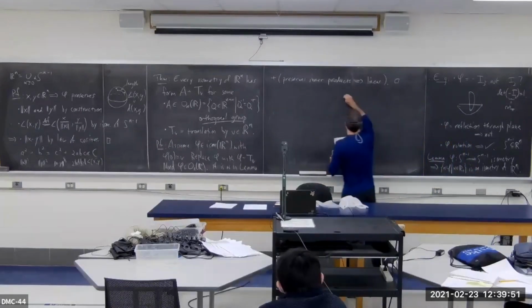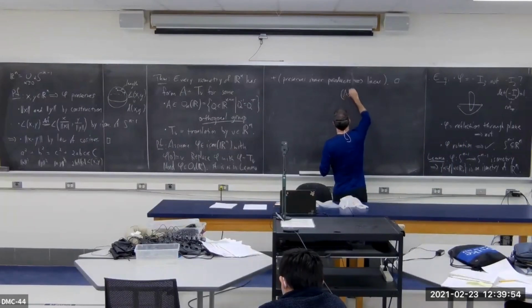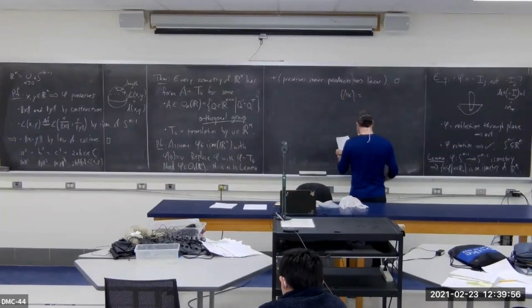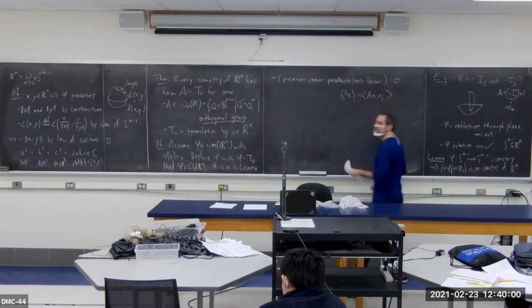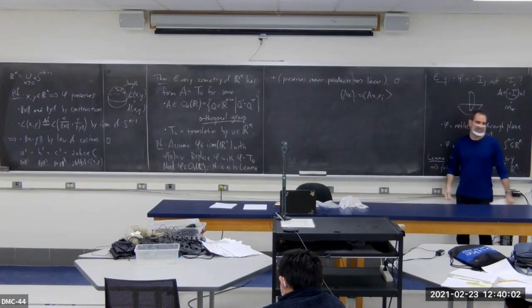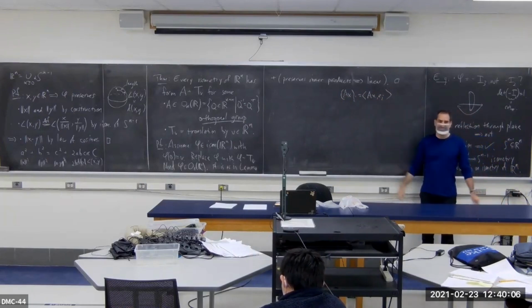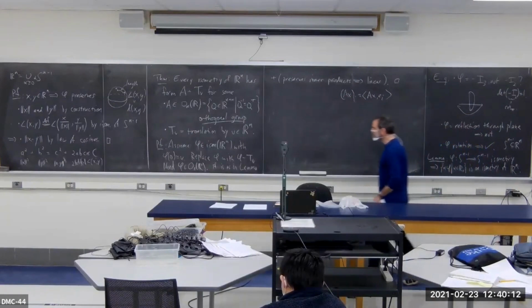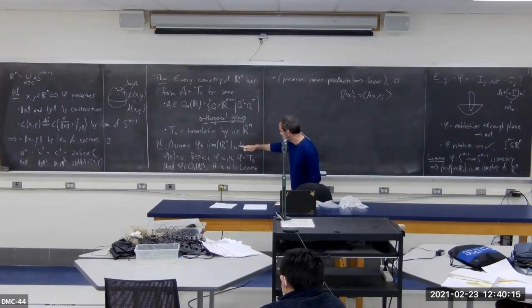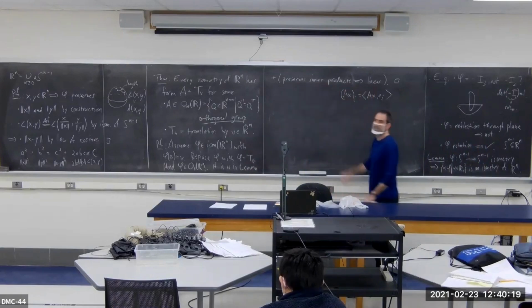Well, if you look at the ith coordinate of Ax, that's just Ax inner product with e_i. So the coordinates of your map just come from applying inner products, but inner products are preserved because it's an isometry. So you need to prove that isometry implies preserving inner products, and that preserving inner products implies linear.